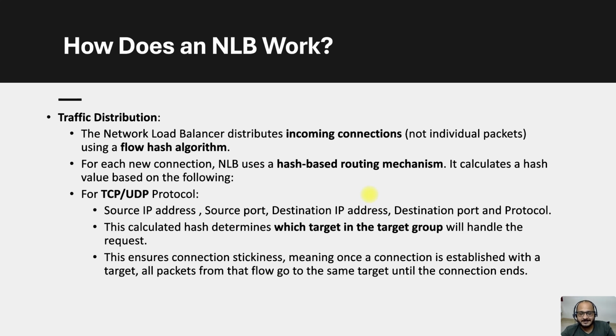The listener will pass that request to a target group, and under the target group the health check will be performed on each target which is part of the target group. Based on the healthier target, the request will be received, and that server will send a response back. That's how the traffic flows if we are using any kind of network load balancer.